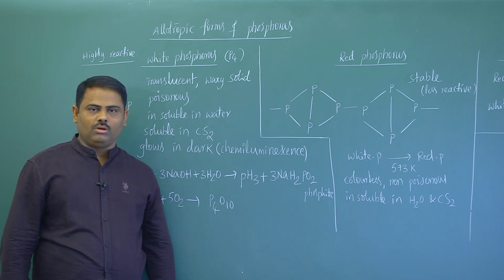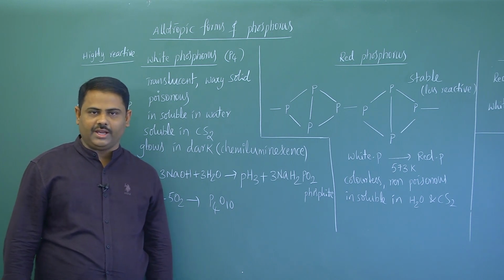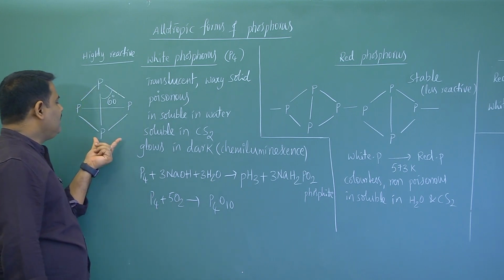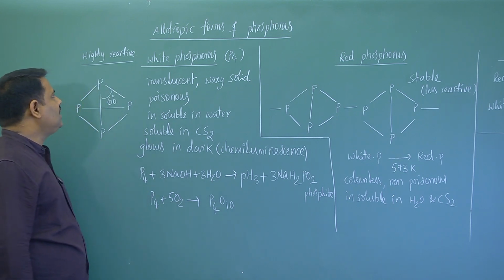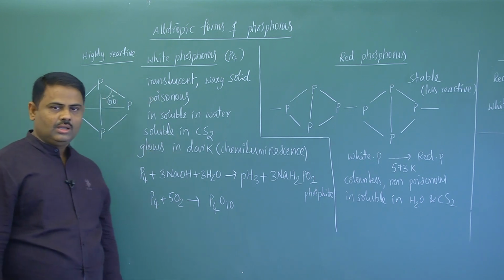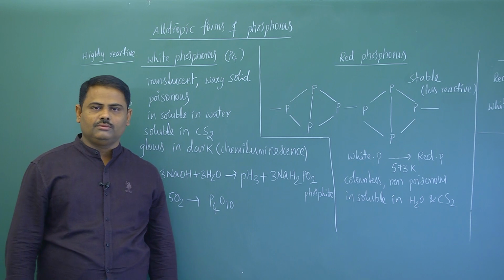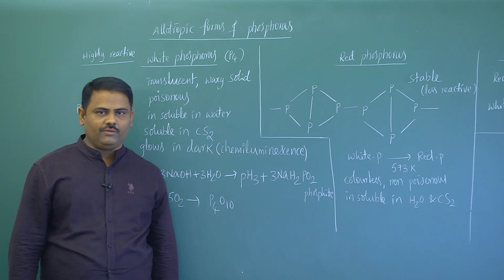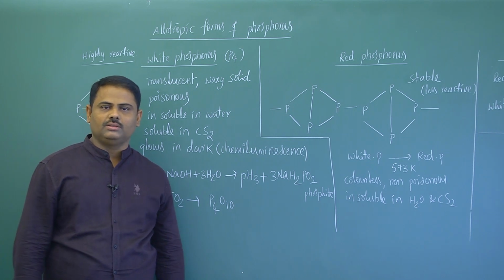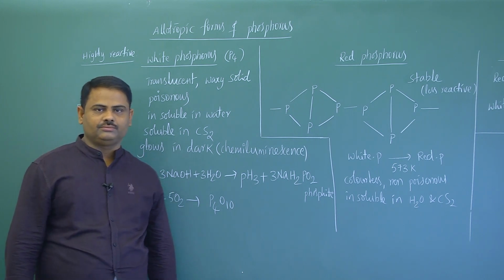Because of more bond angle strain, this white phosphorus is unstable. That's why this is highly reactive. Highly reactive phosphorus allotropic modification is white phosphorus. Reason is angle strain.